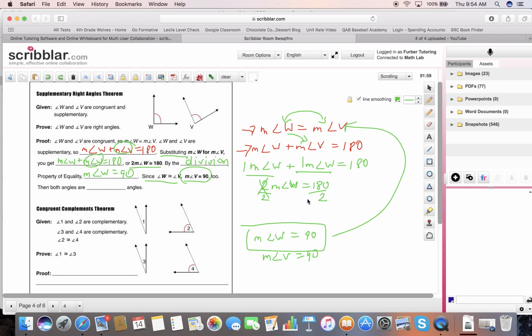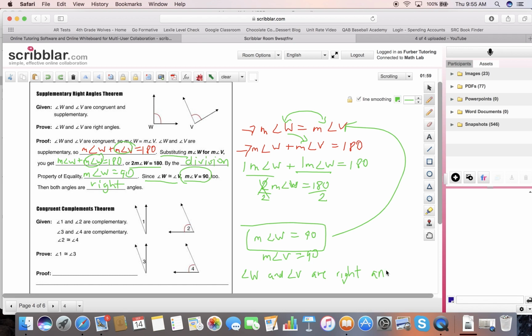If both of them are equal to 90 degrees, what type of angle are they? Well, that means they're right angles. Angle W and angle V are right angles.